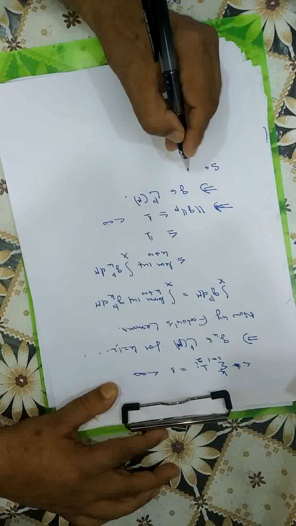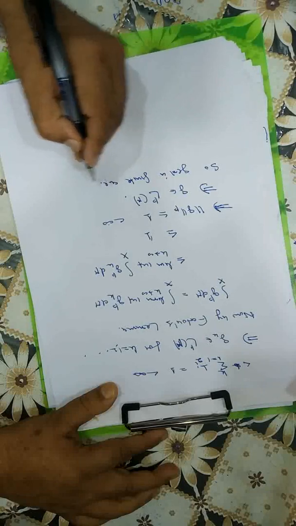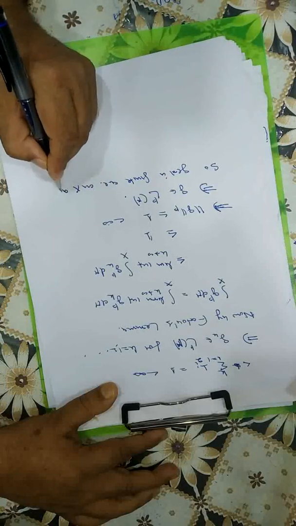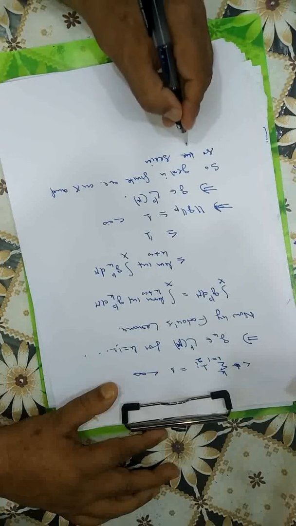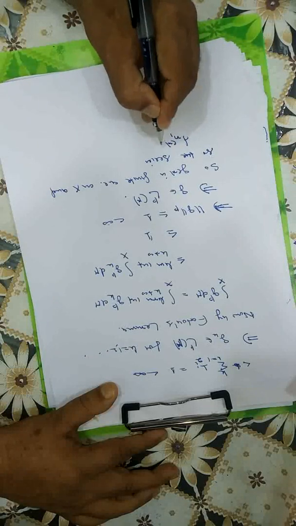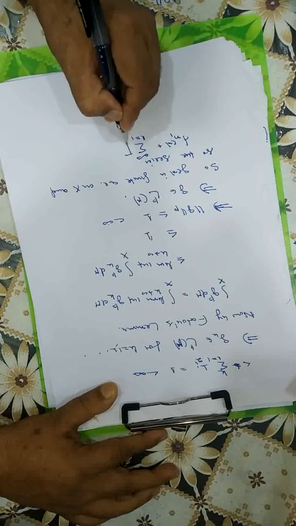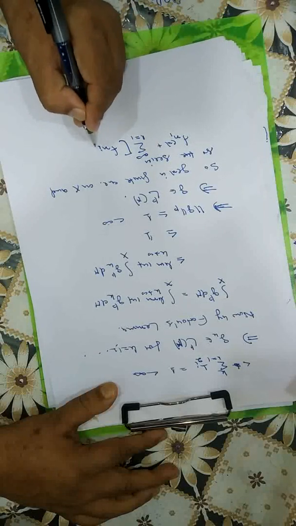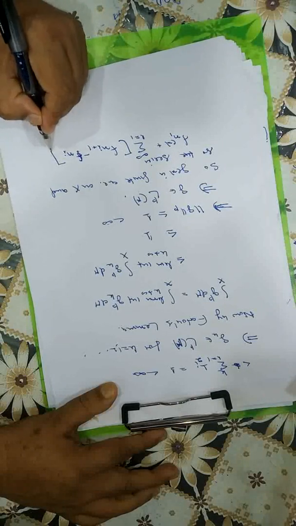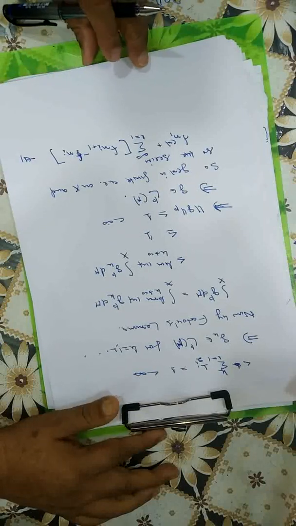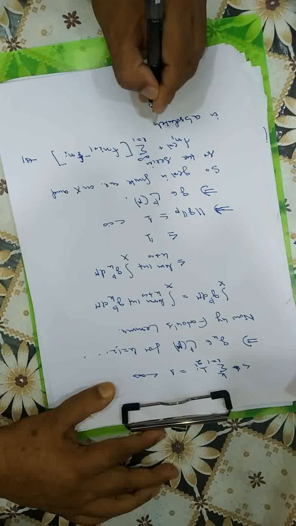So g(x) is finite almost everywhere on X, and so the series f_{n_1}(x) plus the summation from i equal to 1 to infinity of f_{n_{i+1}}(x) minus f_{n_i}(x) is absolutely convergent.